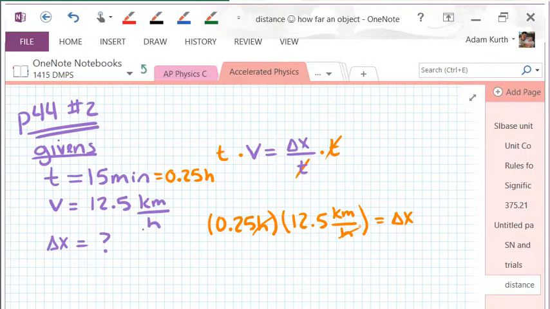All right, so now we're just going to multiply 0.25 times 12 and a half. What is it? Did you do it? If you don't have a calculator out yet, you probably want to get one out. Do you have an answer? Okay, hold on just a second. I want everybody to get an answer, and then I'll let you tell me. Is that fair?